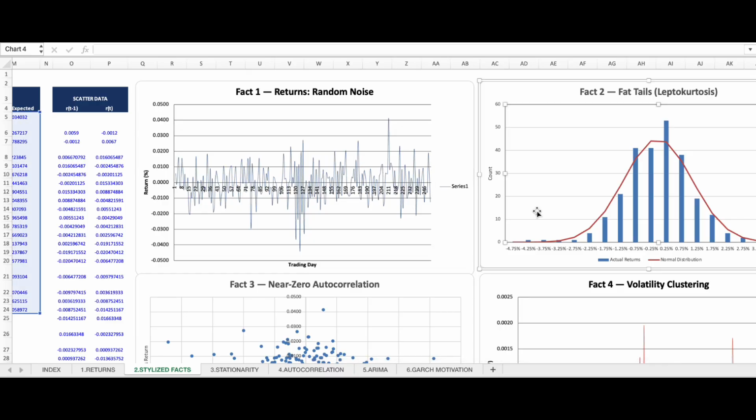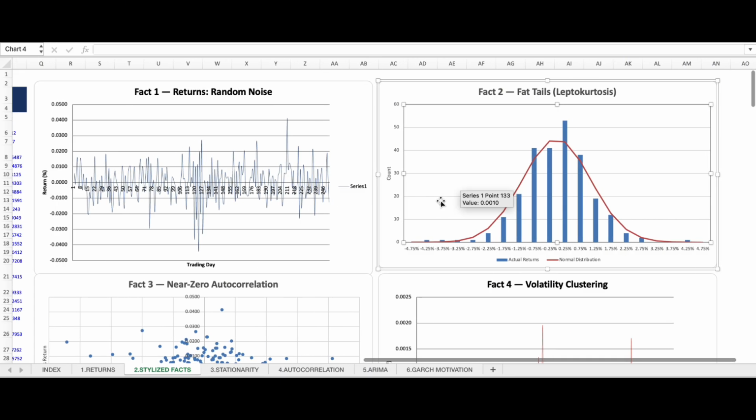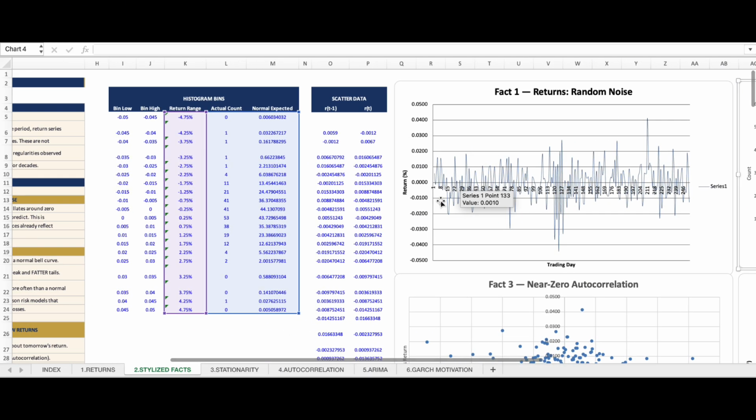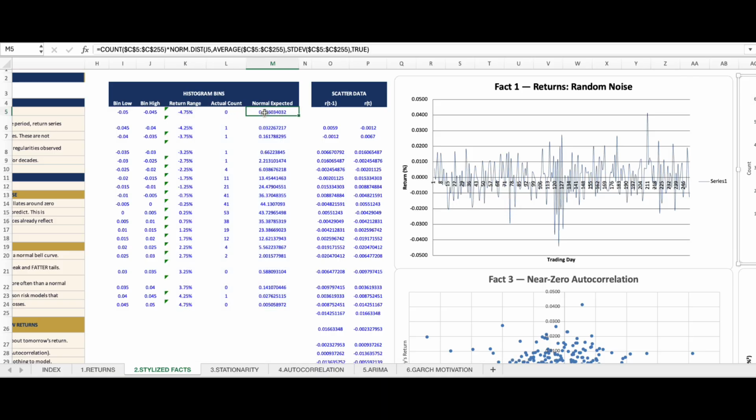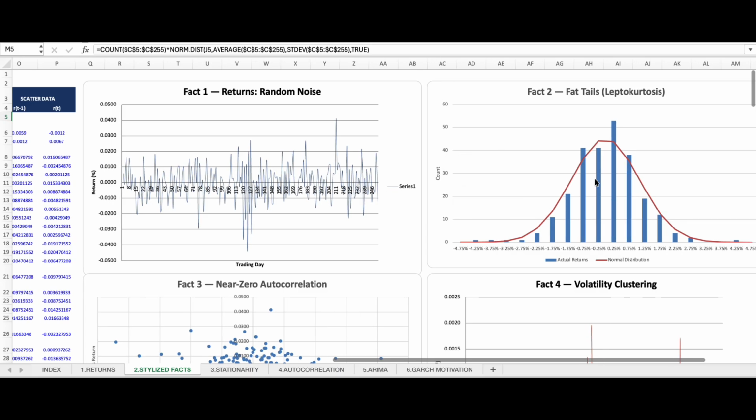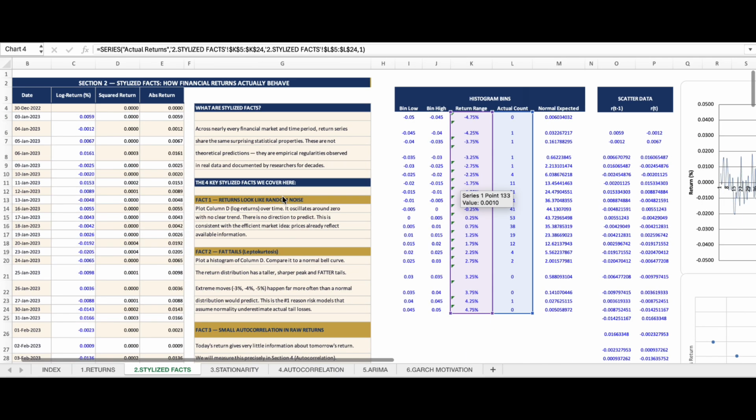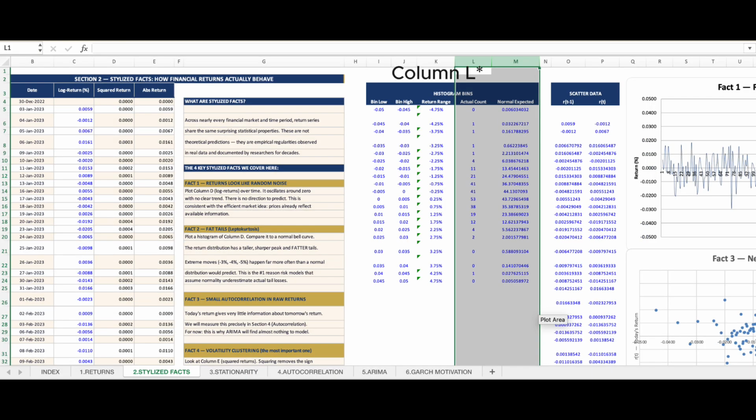Now, the second fact, or statistical property, of this time series is fat tails, or leptokurtosis. You must have heard of the term kurtosis, which is a moment of the time series. If you see this histogram here, column H gives you the bin counts.